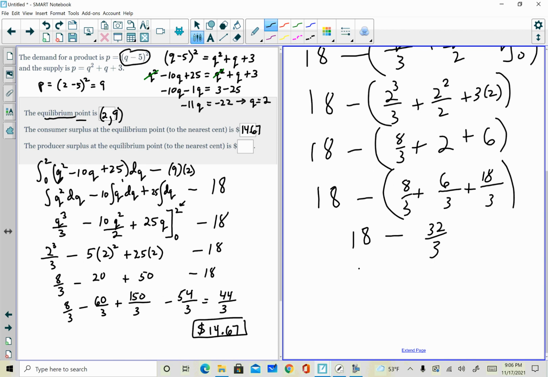So 18 is the same as 54 thirds. 54 thirds minus 32 thirds is 22 thirds. 22 thirds means 22 divided by 3, which to the nearest cent is $7.33.